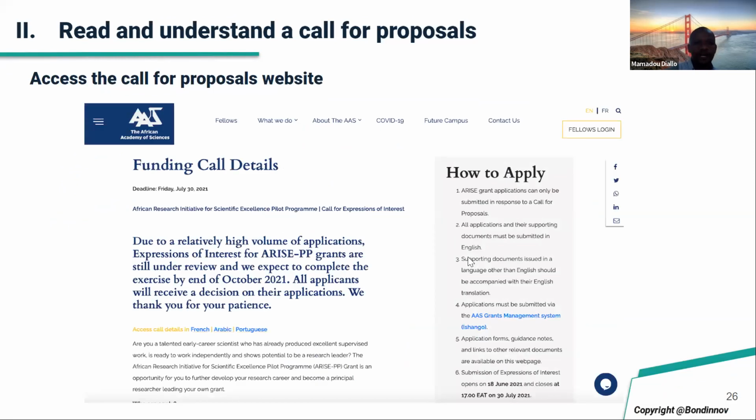Here I show you the African Academy of Sciences funding call details. Here you have: due to a relatively high volume of applications and expressions of interest for the RISE program, grants are still under review, and we expect to complete the exercise by the end of October 2021.